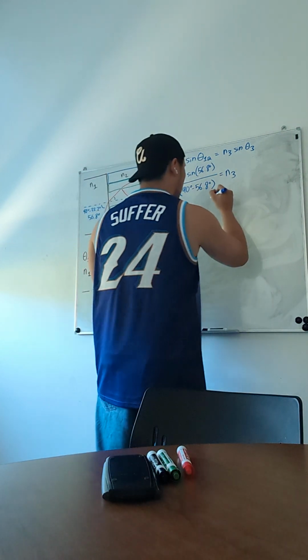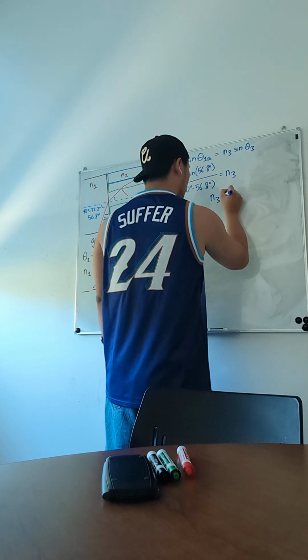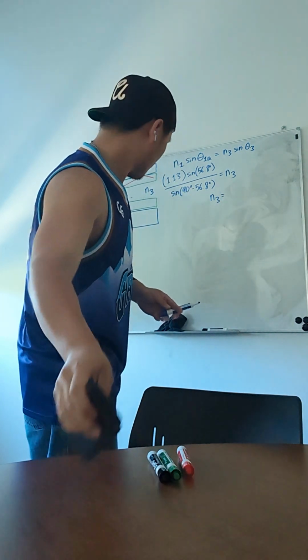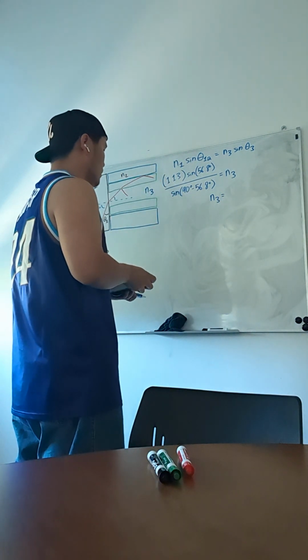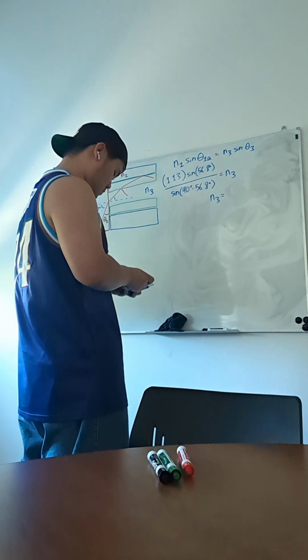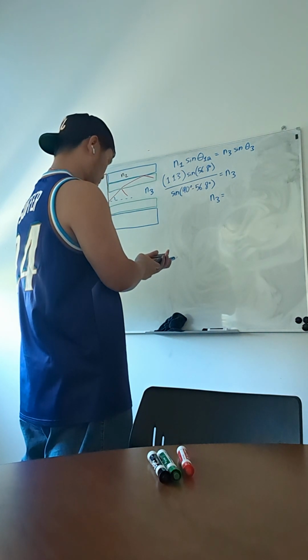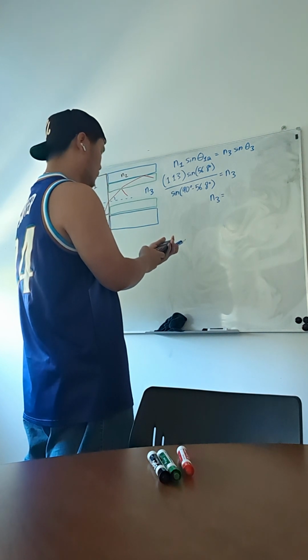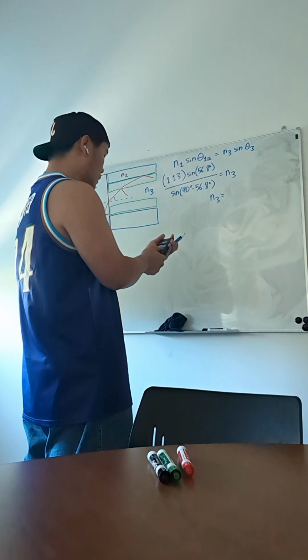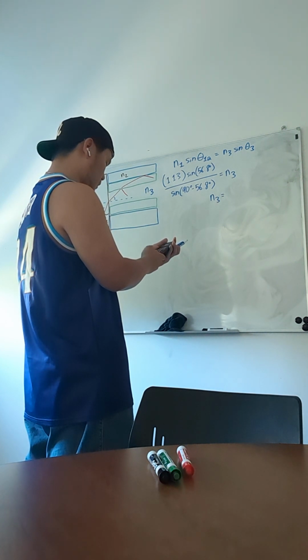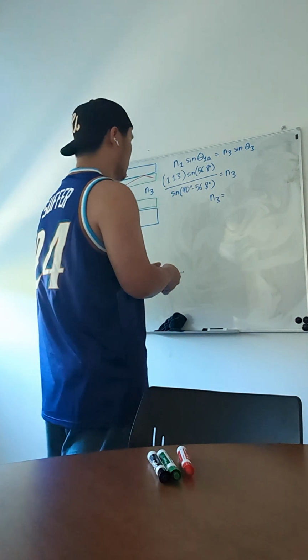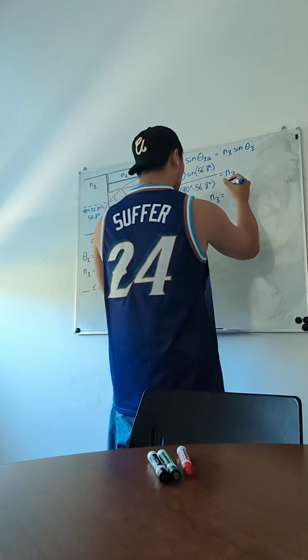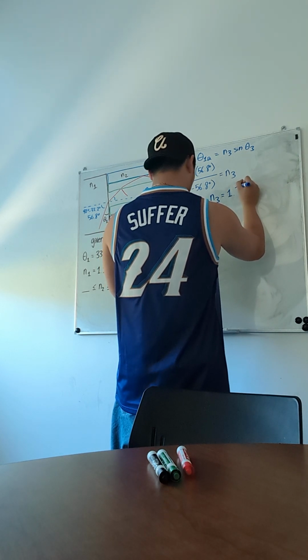So altogether, that's going to give us N3 is equal to 1.13 sine 56.8 over sine of 90 minus 56.8. It's going to give us an N value of 1.7268.